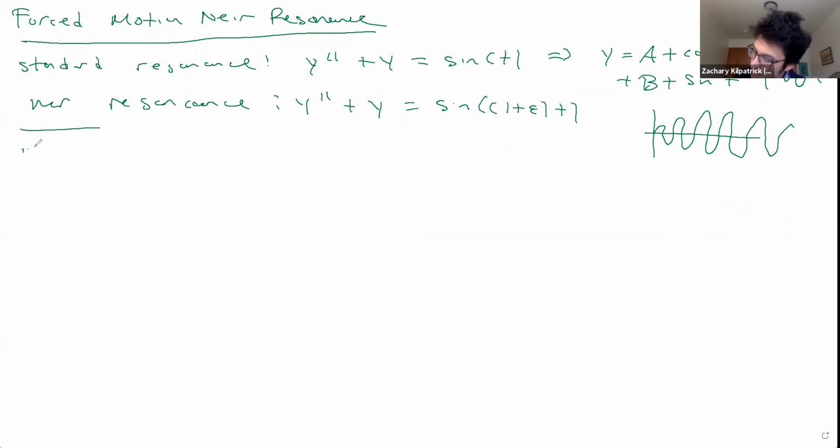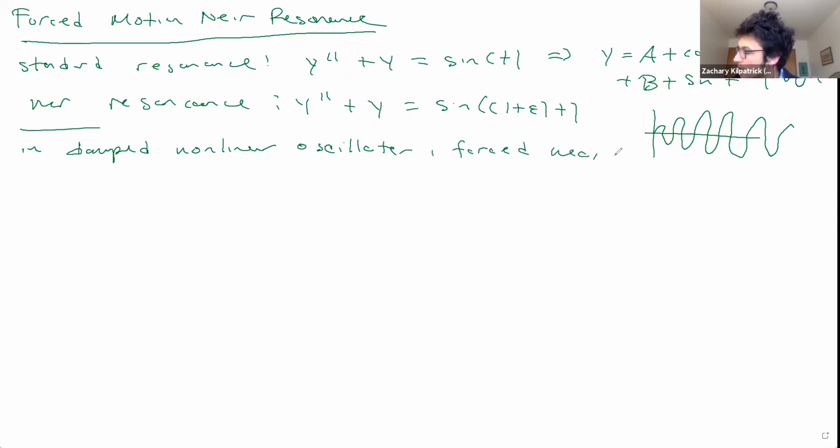Now, in a damped nonlinear oscillator that's forced near some resonant frequency, the fact that you're not forcing right at the resonant frequency means that you're not going to have amplitude growth.